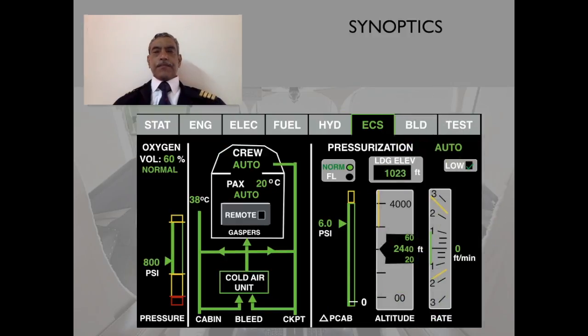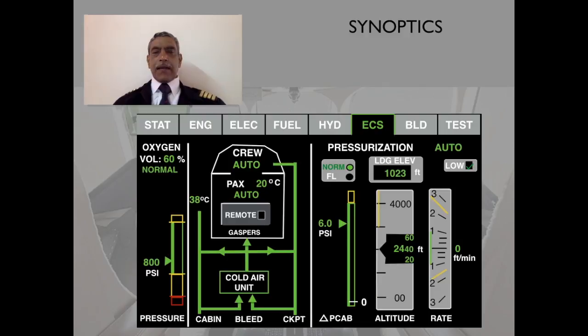This is the system display for the pressurization, and of course the air conditioning system as well. And of course, it shows the oxygen system status also. Now, this will require a much more detailed explanation.